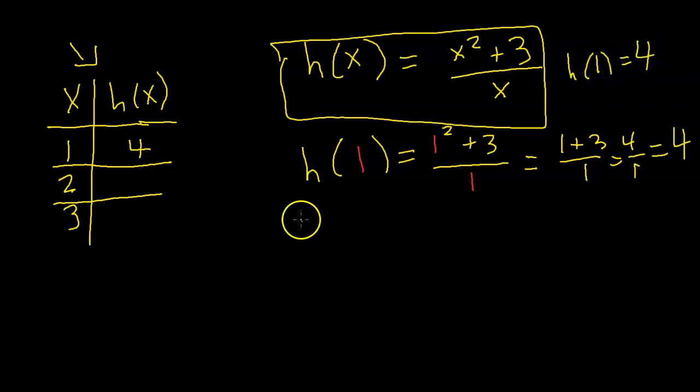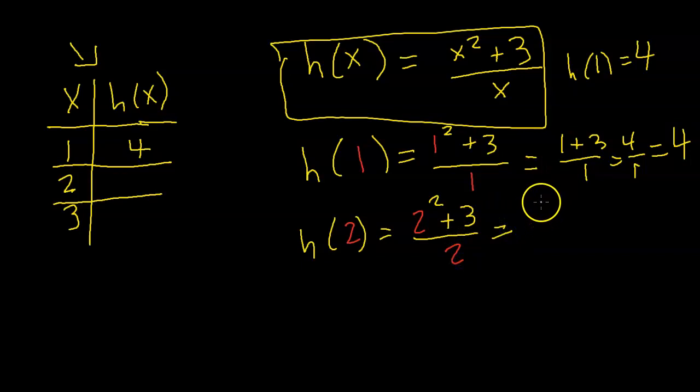Okay, let's try to evaluate h of 2. All right, let's plug in that value of 2 into our function of x. This is going to become 2 squared plus 3 divided by 2.